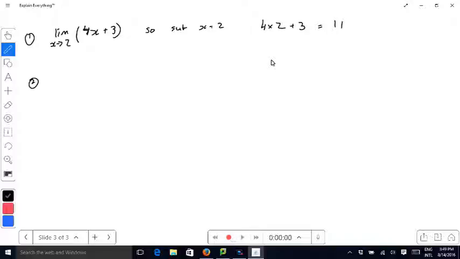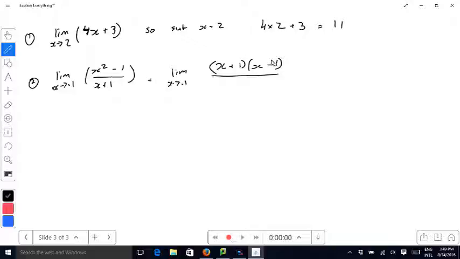The second one, we've got the limit as x approaches minus 1 of x squared take 1 over x plus 1. X squared take 1, I can write as x plus 1 times x minus 1. That's just going back to quadratics; I won't go through how we do that in this video.